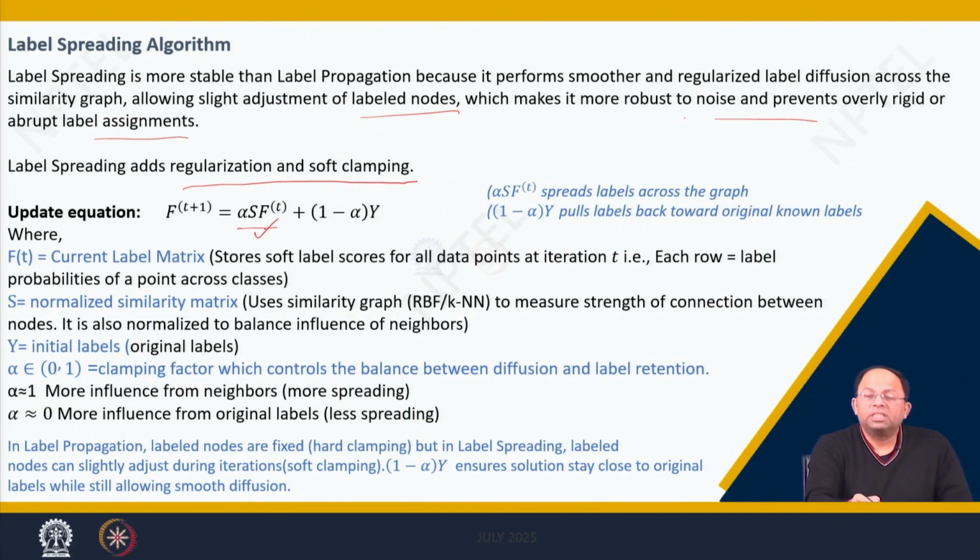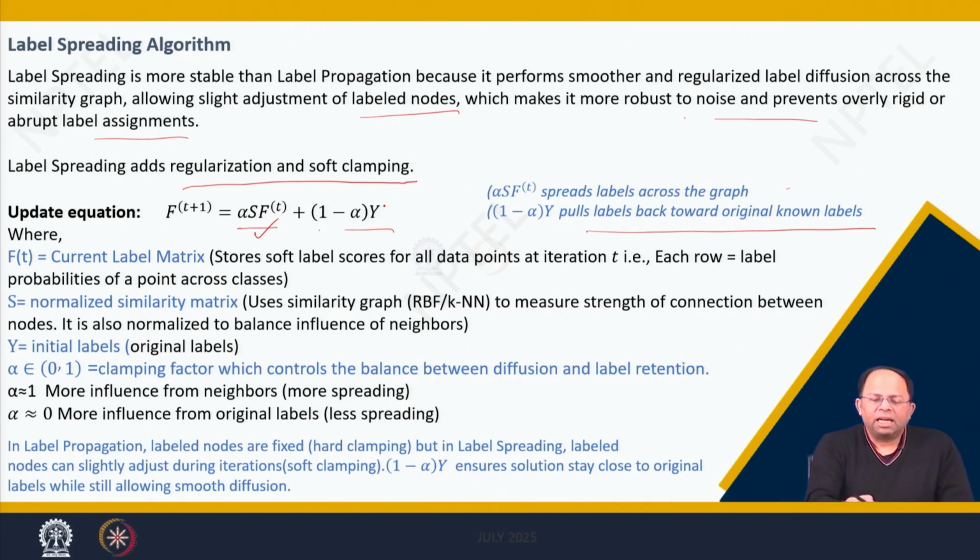One is this part, which is the same as the previous one, and this is the new part. Now this part spreads the label across the graph based on similarity, and this (1 minus alpha) times Y pulls the label back towards the original known labels. So this is where we try to keep it as fixed as possible.